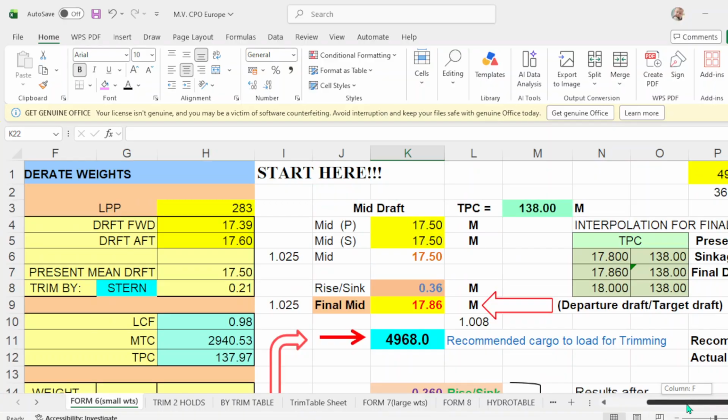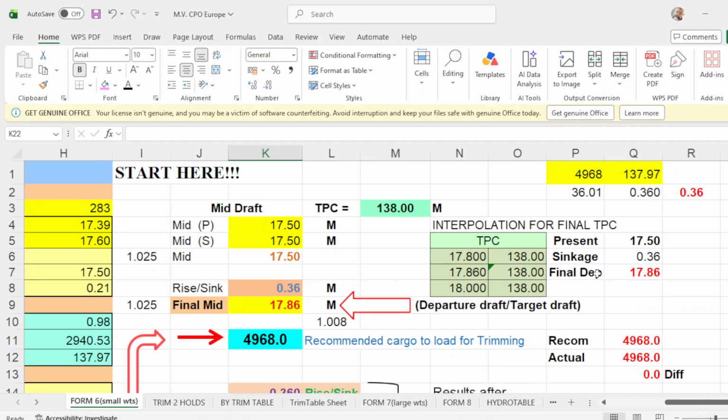Here, I put this for checking only. Actual is 4968. You use the TPC of your final. Now, the final mid drop is 1786. You interpolate the TPC and the TPC is 138. So with this 138, you put it here, press equals, then 138.